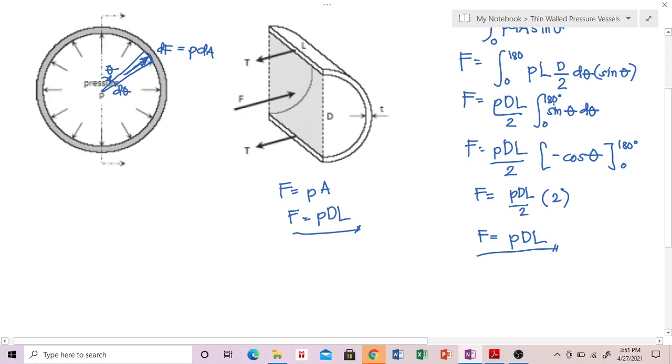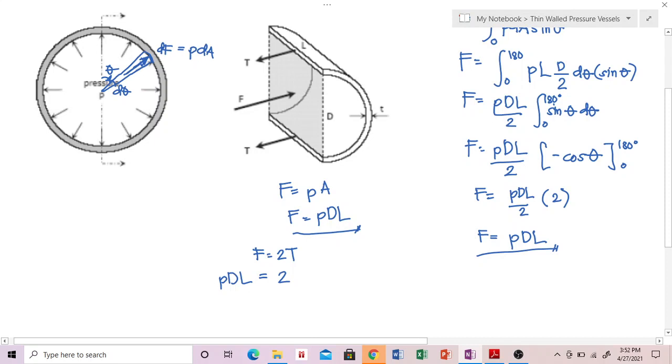Now, ano ba yung stress? Applying equilibrium, pag in-apply natin yung equilibrium, we have F is equal to 2T. What is F? We have internal pressure multiplied by the diameter times length. That is equivalent to twice of, okay, so nag-act yung T. T, so that is the tensile force tangent to the surface. Still, force pa din naman yung T. So, pressure times area or stress times area.